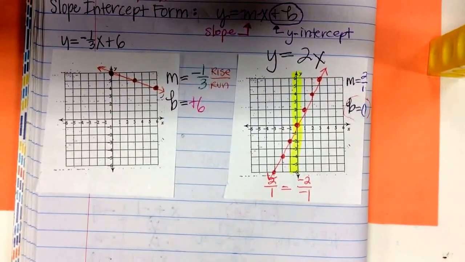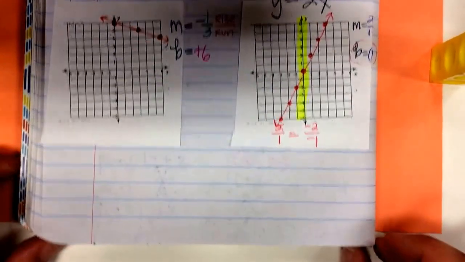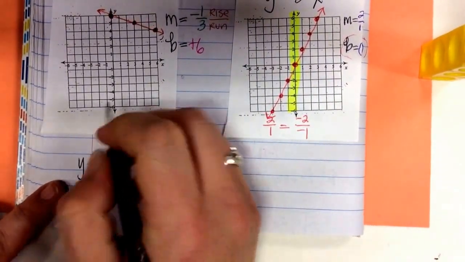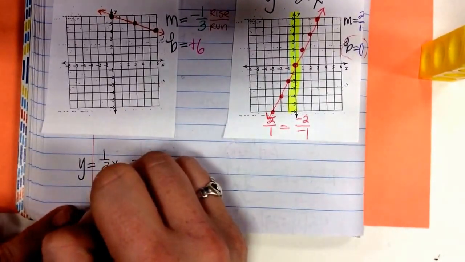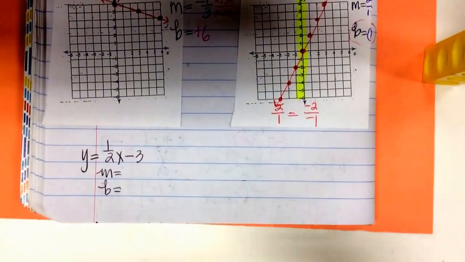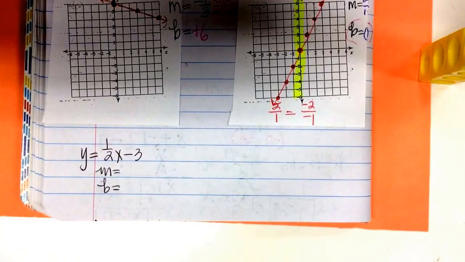And there's my equation. There's my graph. All right, we've graphed. Let's just identify. Write down that equation and tell me the M and the B. Raise your hand if you can tell me the M and the B for that equation.